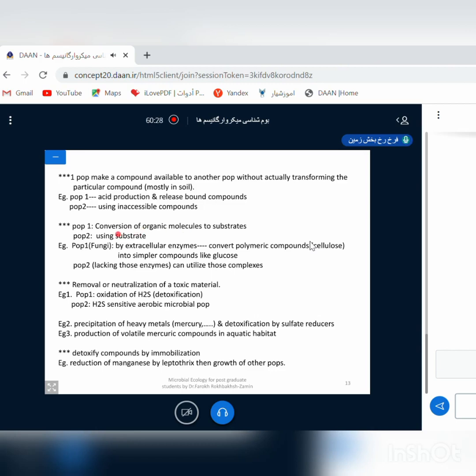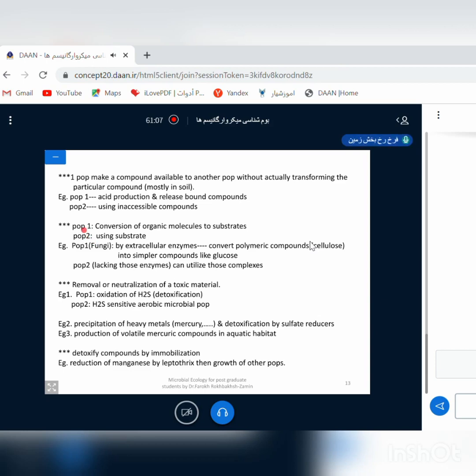So population 1: conversion of organic molecules to substrates. If population 2 is present or if population 2 is absent, population 1 does it. So population 1 is 0 in this interaction, but population 2 is happy because population 1 used the substrate and the remaining substrate is used by population 2.